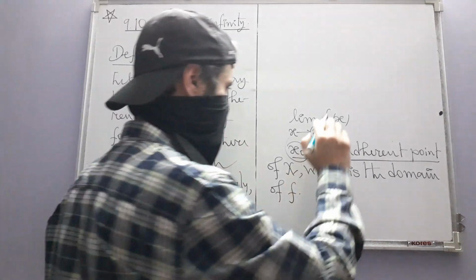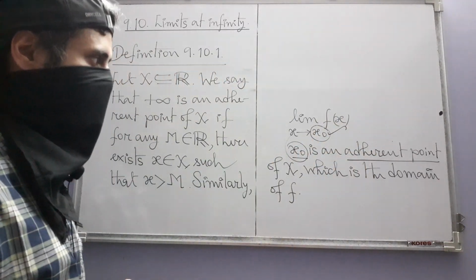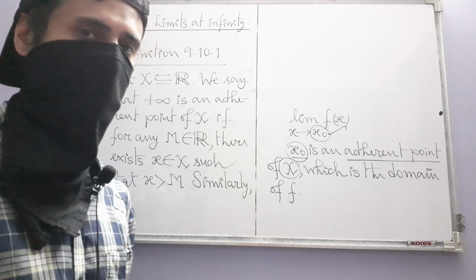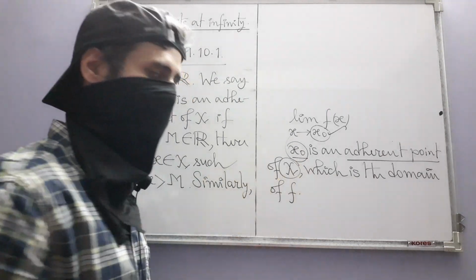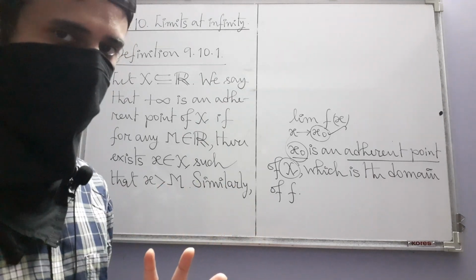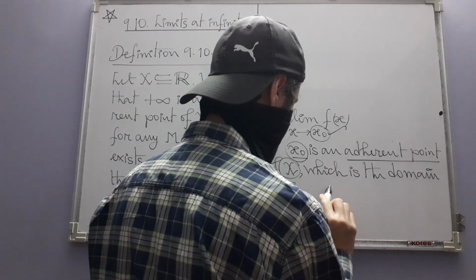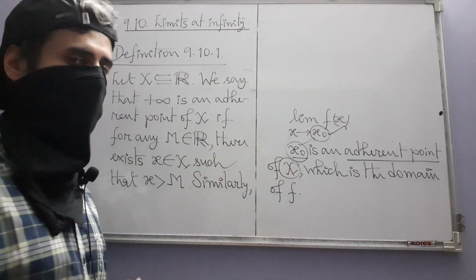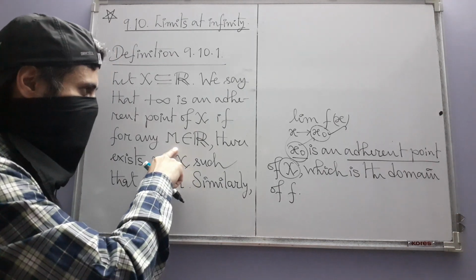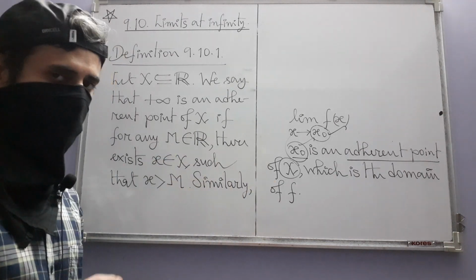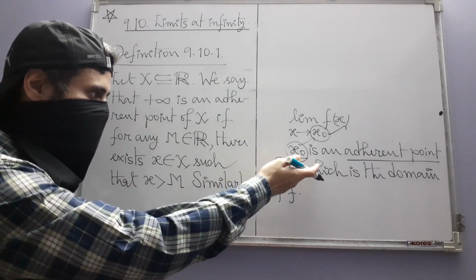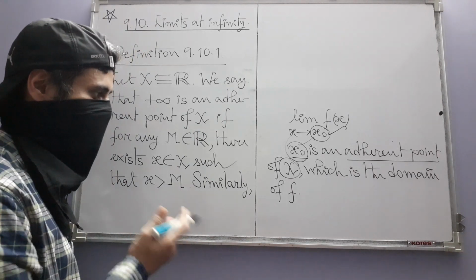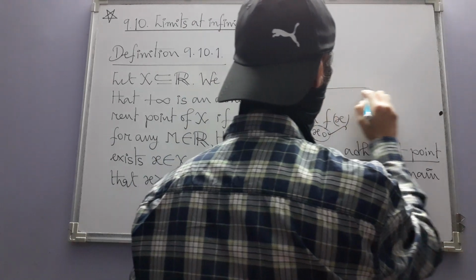Because you see, in the original definition where x naught was a real number, x naught being adherent to X meant that x naught is very close to X, as if it's touching X. The precise definition, of course, is that in any neighborhood of x naught, there is at least one element of X. In this case, we cannot define a neighborhood of infinity in terms of neighborhoods that we have seen so far, but still we can kind of imagine a neighborhood of infinity to be something like this.